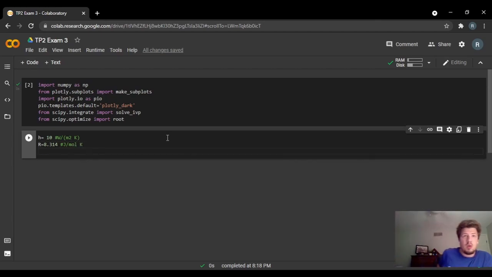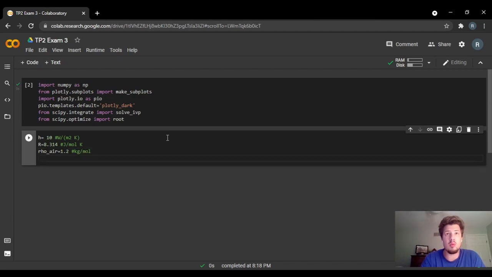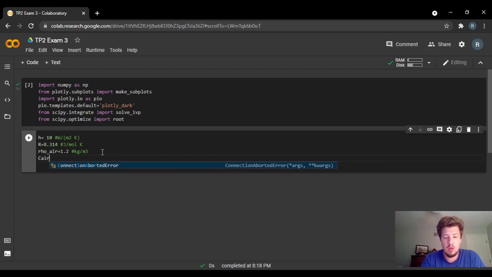And then next we want to get the density of the air, which is rho, and that's equal to 1.2, and that is kilograms per mole. Not mole, kilograms per meter squared. And then we have our heat capacity for air, which is equal to 1,000.